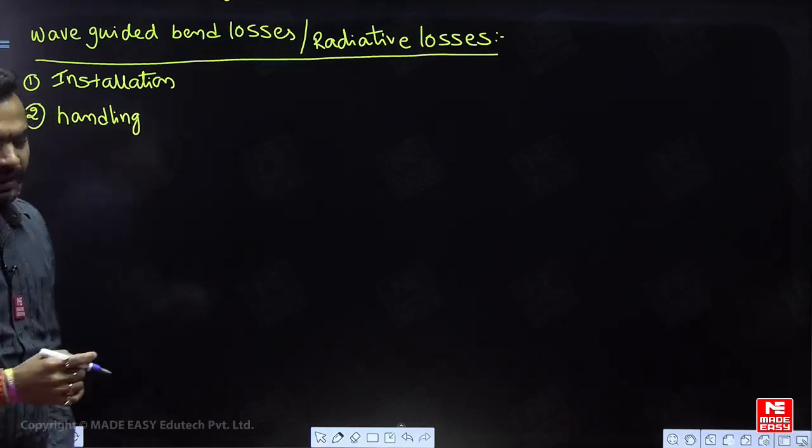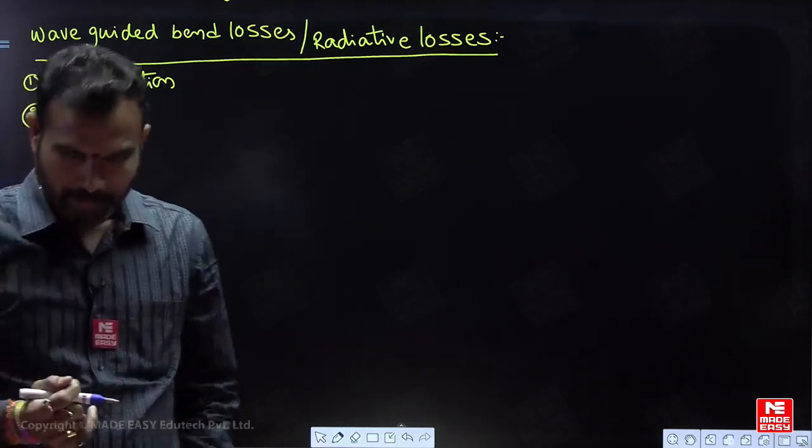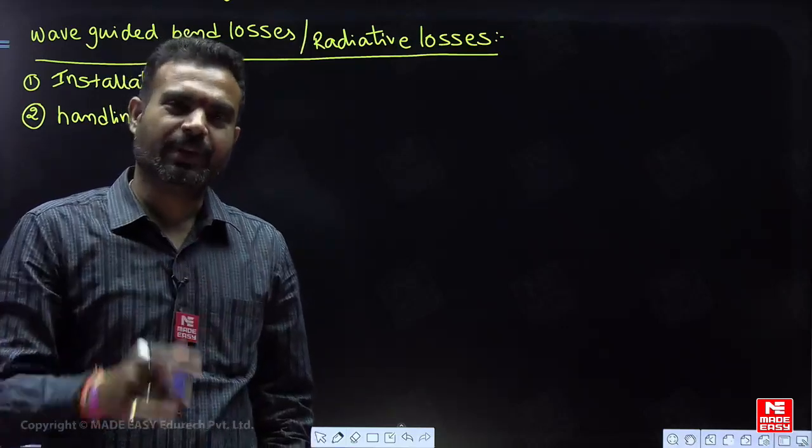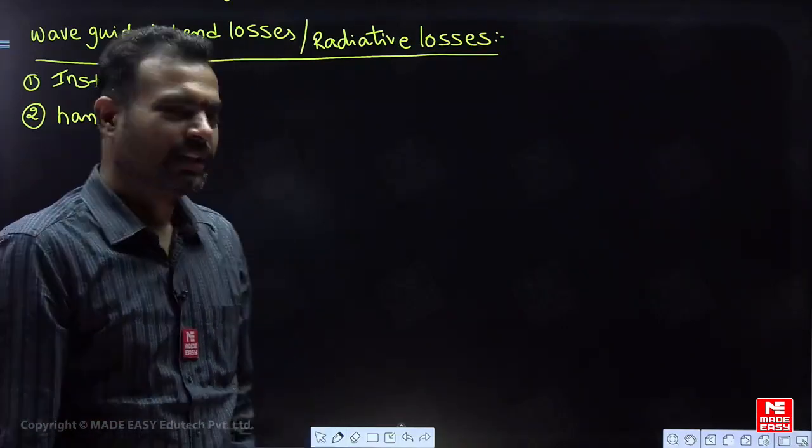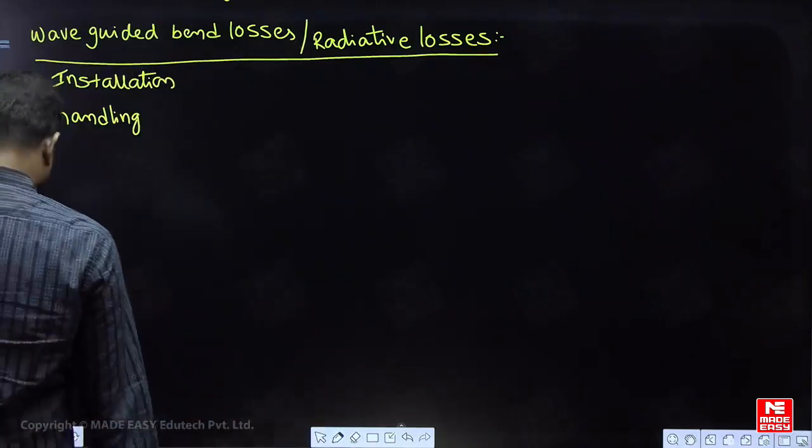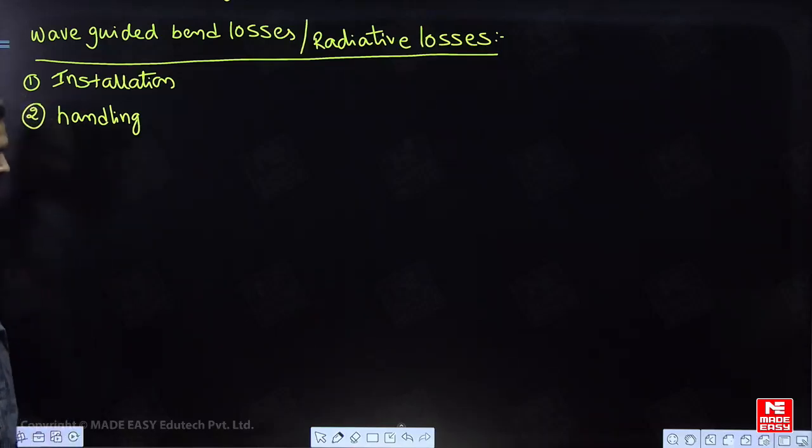During handling the fibers, we have some tension. Because of that tension, the waveguide creates a loss called waveguide bend loss.